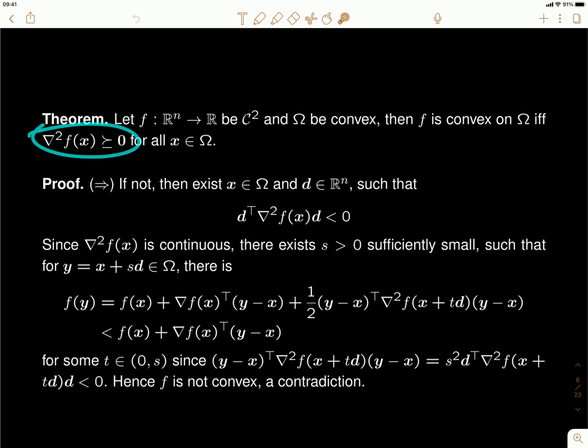Okay, so that's the second order. So the second order condition becomes sufficient and necessary for a convex function. Previously we know that if we reach a local minimum, and the local minimum is an interior point, then the Hessian is positive semi-definite.